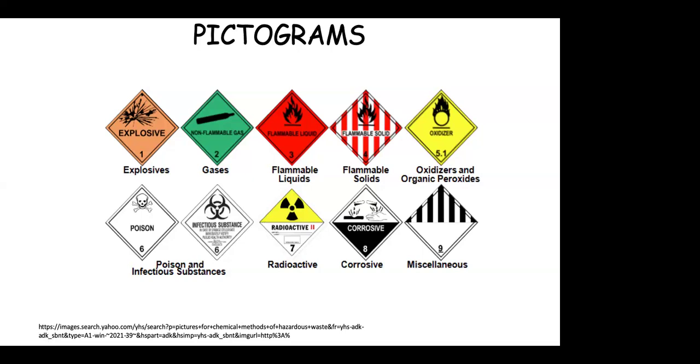Okay, so now the next slide is just pictograms of what you see when you look at packaged materials. In the first place, we say you manage the waste, right? So if you know what you are dealing with, you mind the way you use it. So most packages come with signs on them to tell you that this is poisonous, this is explosive, this is inflammable, this is non-inflammable, this is an oxidizing substance.